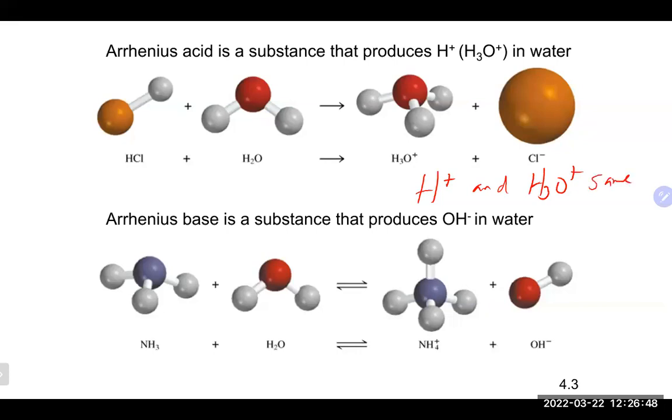Now, you will see them used interchangeably in formulas. You'll see them used interchangeably in actual equations. I personally use H plus most of the time, but pretty much anywhere I put H plus, you could put H3O plus. It works basically the same. The real difference, which we see up on top, is whether or not you include water with your acid in the reaction.